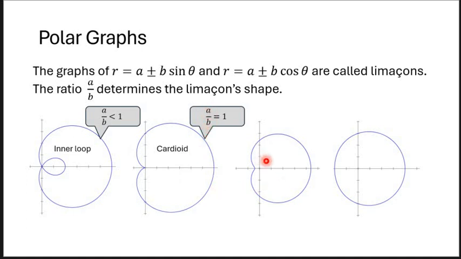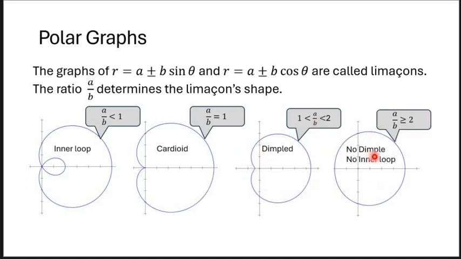And then in the case where the absolute value of a over b is between 1 and 2, so it's bigger than 1 but smaller than 2, we get what's called a dimpled limaçon. You see the dimple over there. And in the case where a over b is greater than 2, we get a limaçon with no dimple and no inner loop. So those are the 4 cases that we can have with limaçons. Let's take a look at an example.